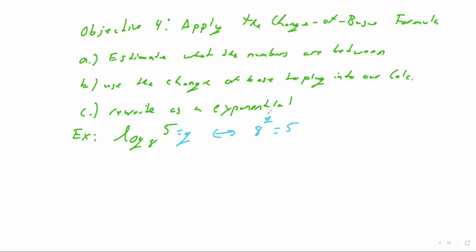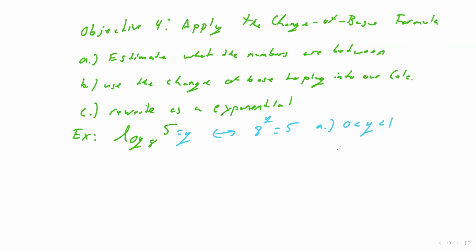Ask yourself, 8 to what power would give me something like 5? Well, start with 0. 8 to the 0 is 1, but 8 to the 1 is 8. 5 falls between 1 and 8. So our answer for part A would mean that our value has to be somewhere between 0 and 1.